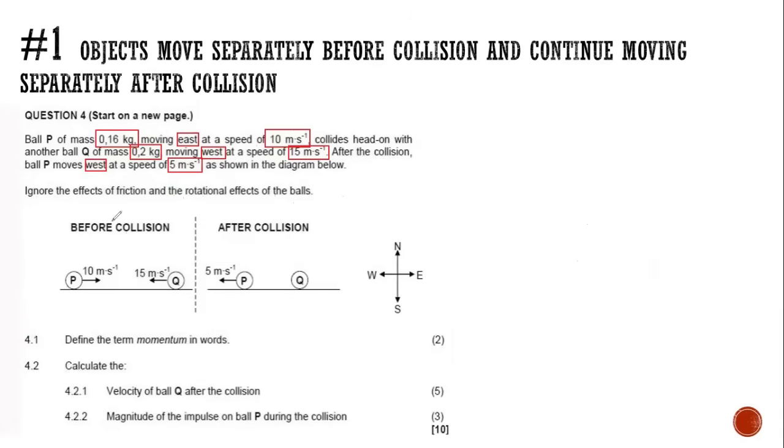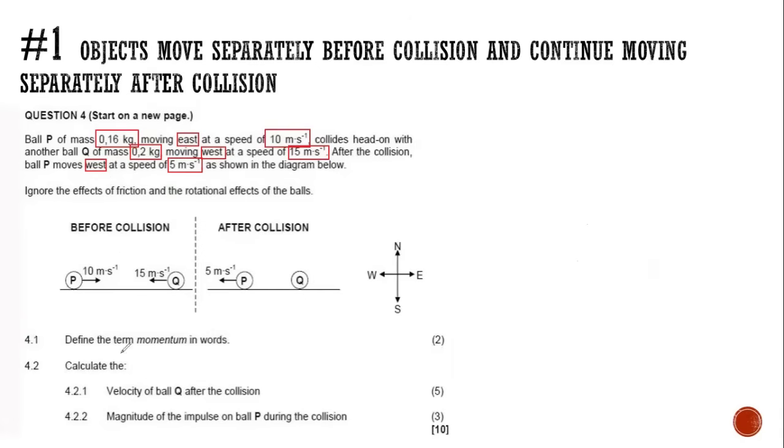We are given a diagrammatic representation of ball P and ball Q moving with different velocities in different directions. After collision, ball P bounces off ball Q and goes in that direction, and ball Q goes in its own direction separately, since these two objects are not combined.